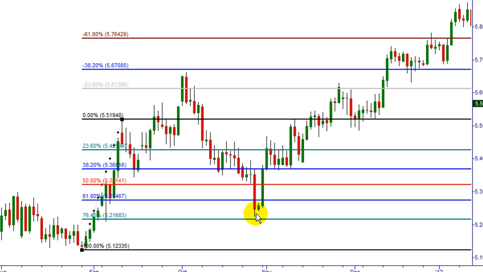You continue to see even how these levels play out over time, even after this move has reversed and continued on to new highs. These retracement levels are still serving as resistance points and support points on the move back up.